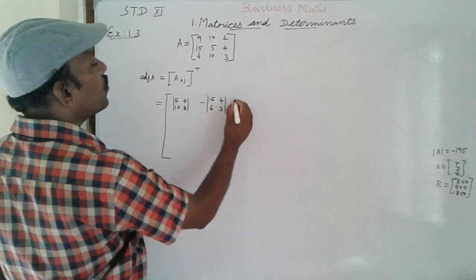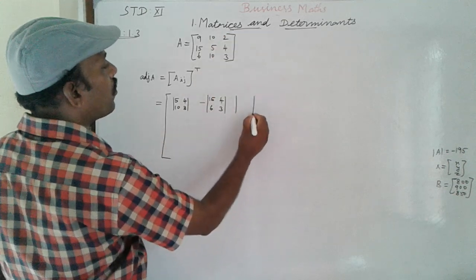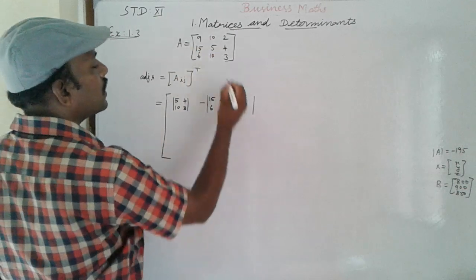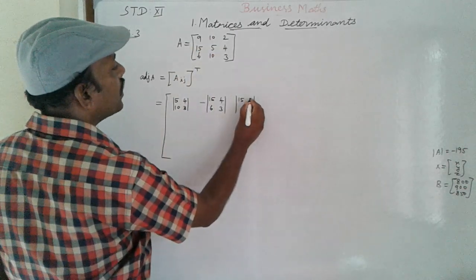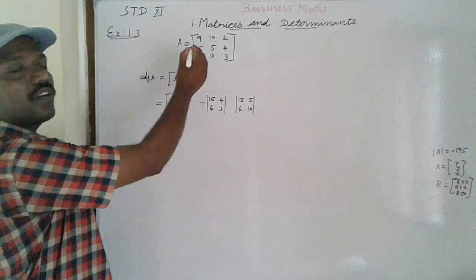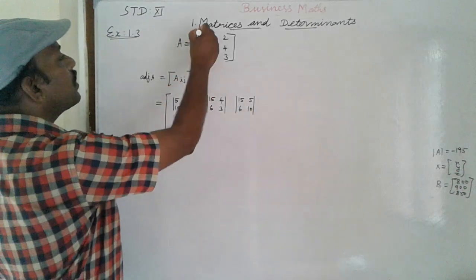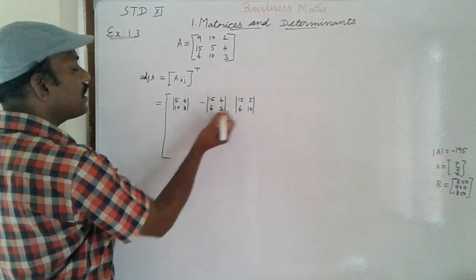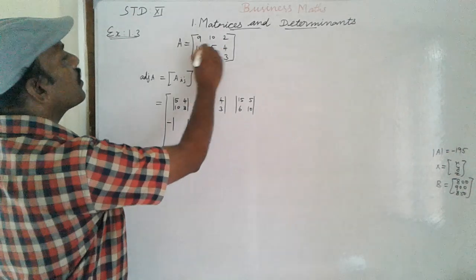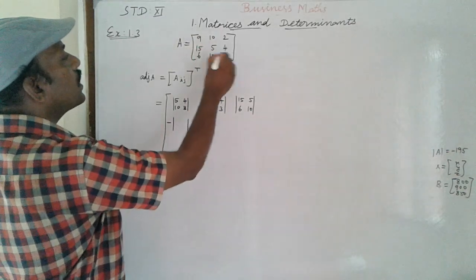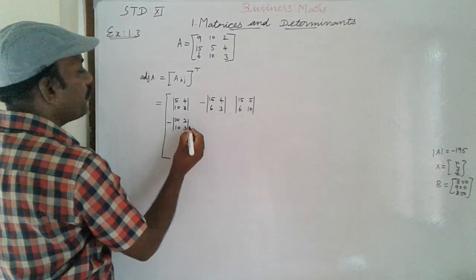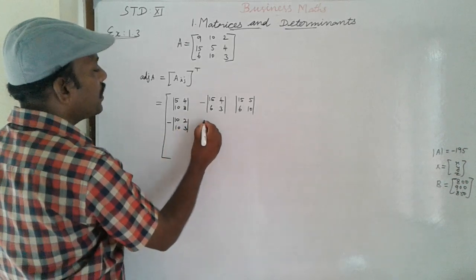Next, cofactor of 2: eliminate its row and column, leaving 15, 5, 6, 10. Next, the cofactor of 15: eliminate its row and column, leaving 10, 2, 10, 3. The sign is minus. Next plus is the sign.